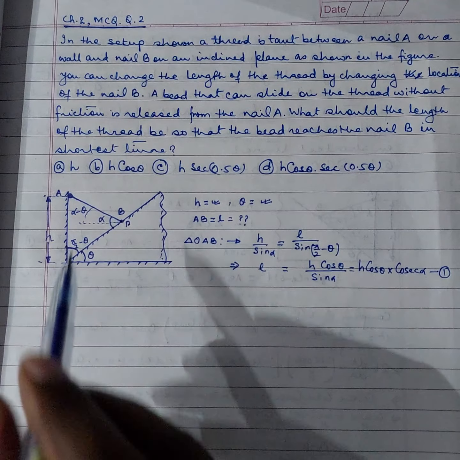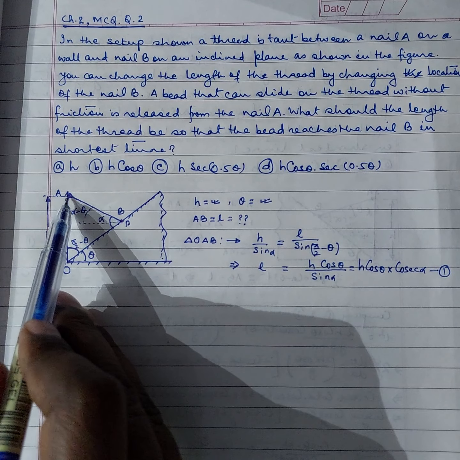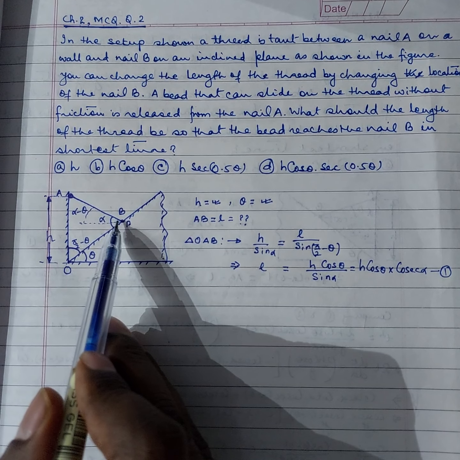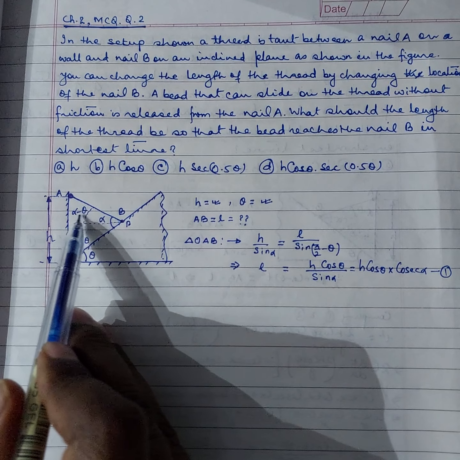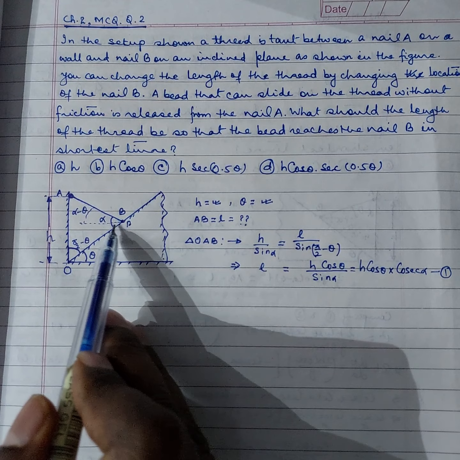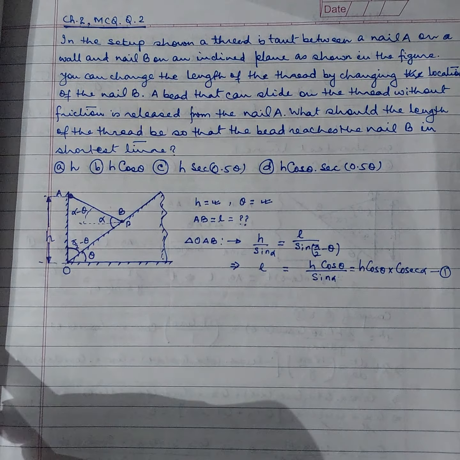Now, when the bead is released from A, it will slide on AB with an acceleration g sine alpha minus theta, because AB is having an inclination with the horizontal and the angle is alpha minus theta for that.